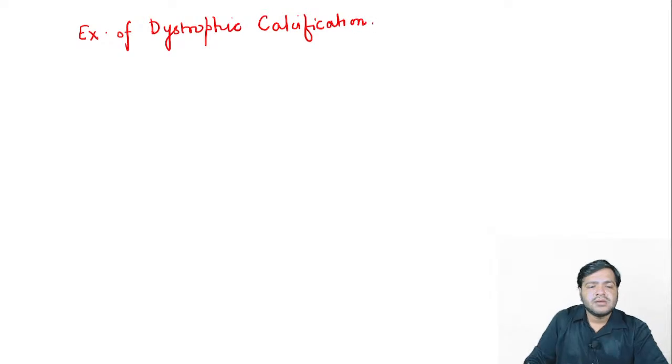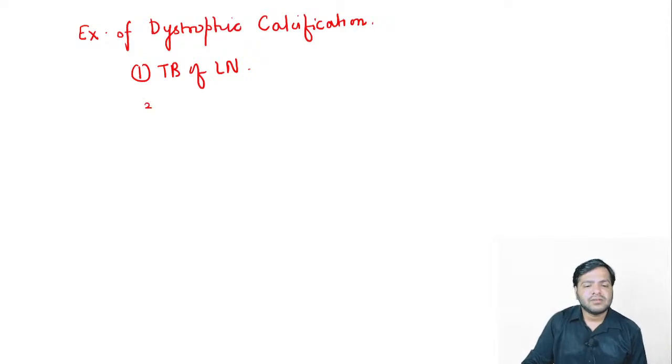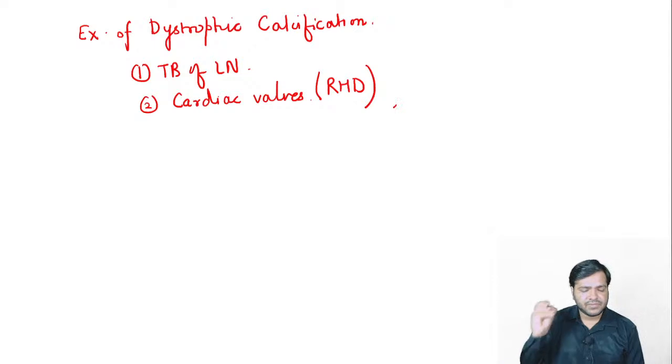The very first one, remember, it is the TB of the lymph nodes, TB of the lungs. The second one, it is the cardiac valves, where you can see dystrophic calcification in rheumatic heart disease.